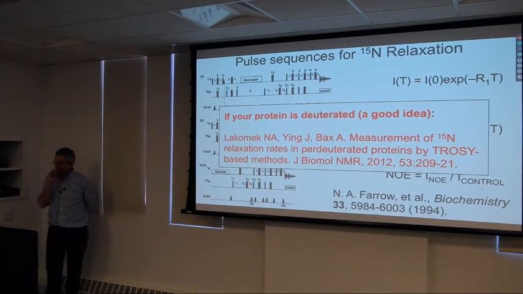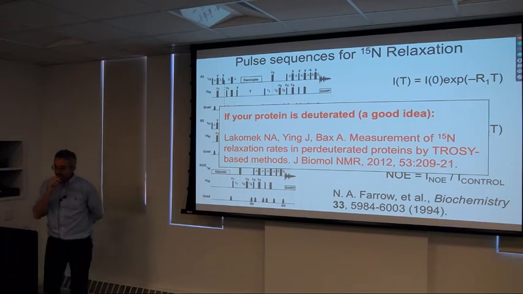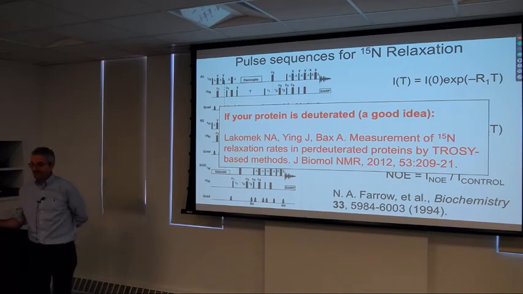Now, there are remote hydrogens, so the N15 is relaxed not only by its attached hydrogen, but also the remote hydrogens, and the amide hydrogen is relaxed by remote hydrogens.